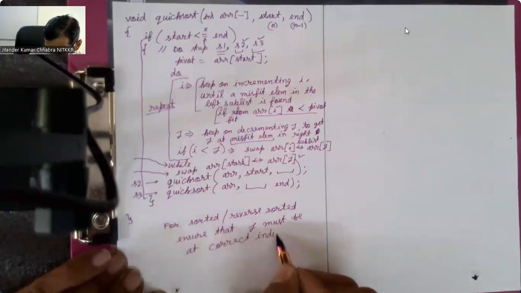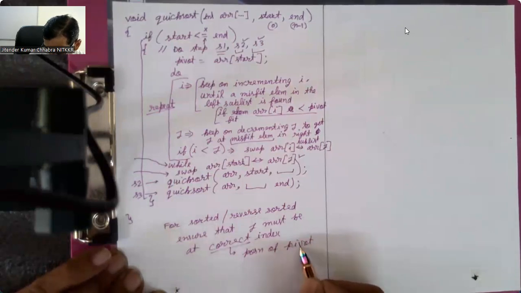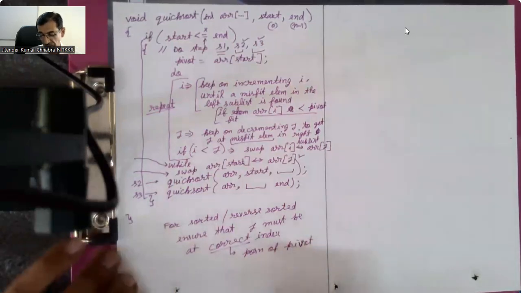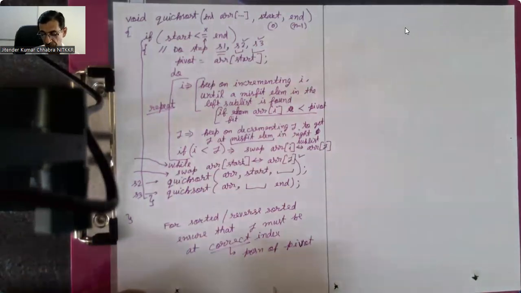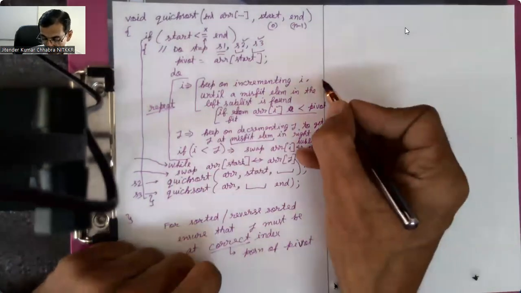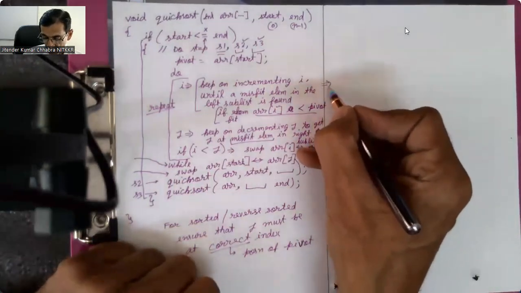And correct index means the correct position of the pivot element. So this is one special logic where do while becomes much more meaningful and useful. It will be more clear when I focus on one step each.